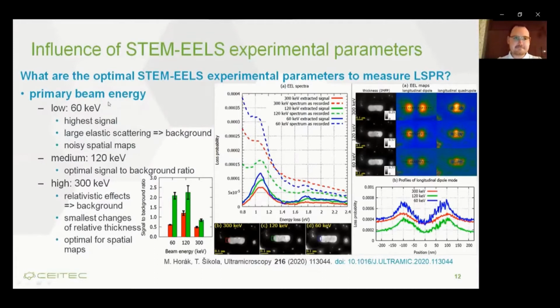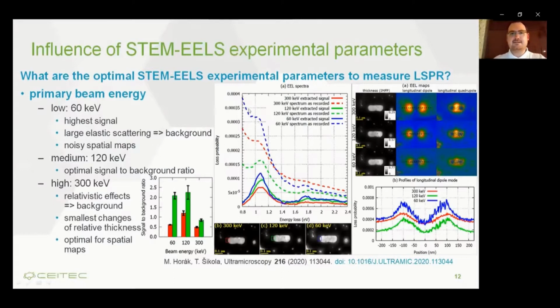So in the case of low energy, in our case, it was represented by 60 kilo electron volts. We get the highest signal, here shown by the blue line, but the raw spectra had a large background.